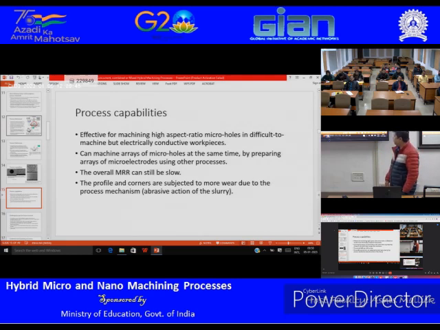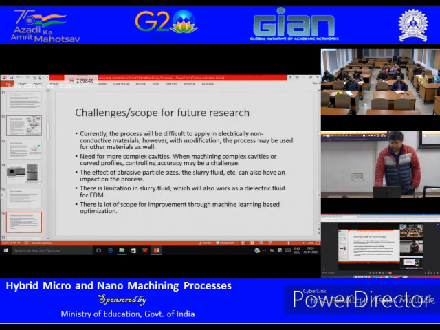The overall material removal rate can still be slow, so future research should focus on improvement. Then profile and corner accuracy are subjected to more wear. We talked about that. If you can come up with some innovative technique to improve that, I think that would be an important contribution also. Challenges, I think I already gave you some directions.